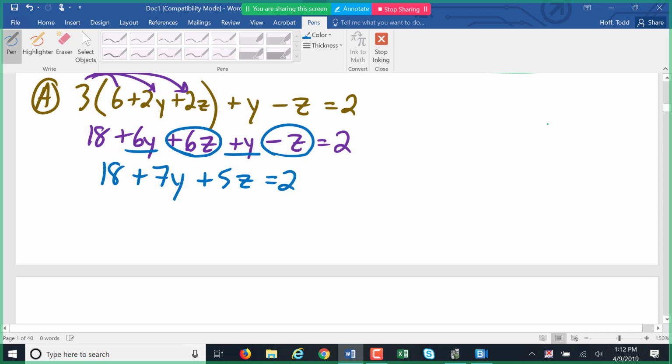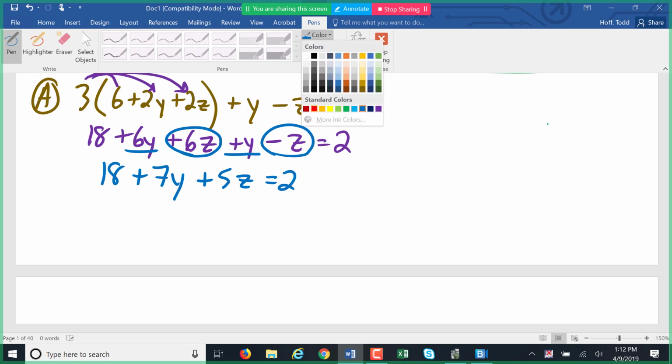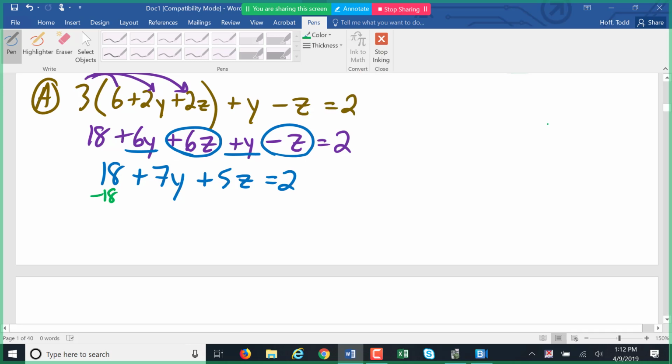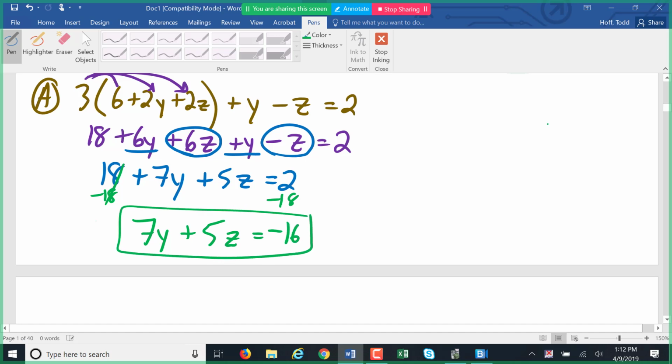And that equals 2. Last step, subtract 18 from both sides. So I got 7y plus 5z equals a negative... 2 minus 18 is a negative 16. That's my modified equation A.